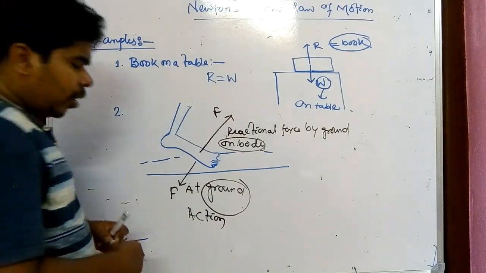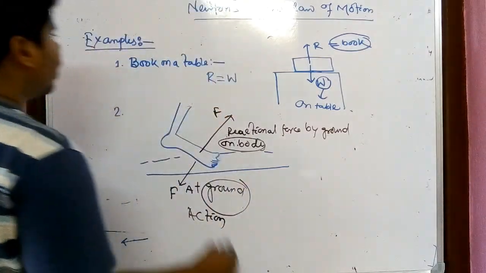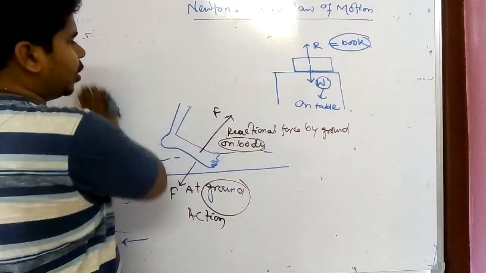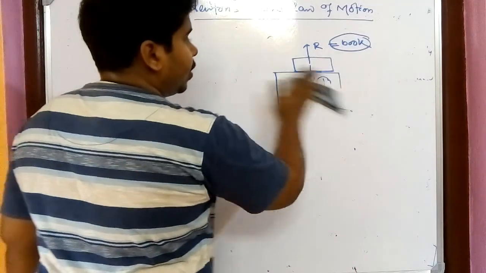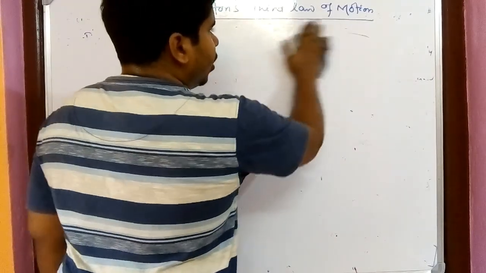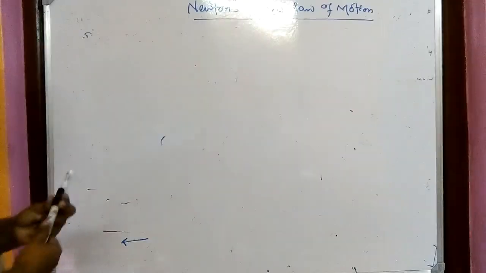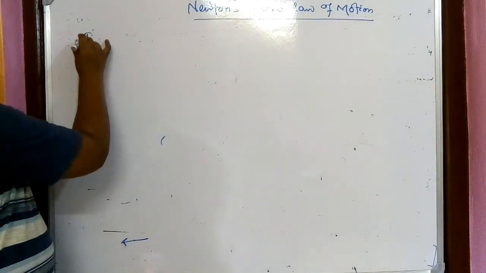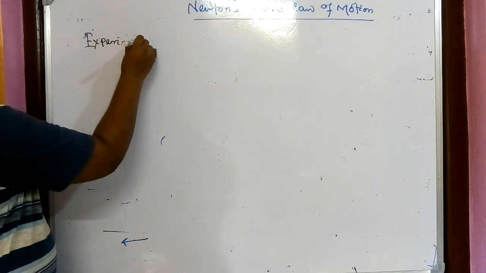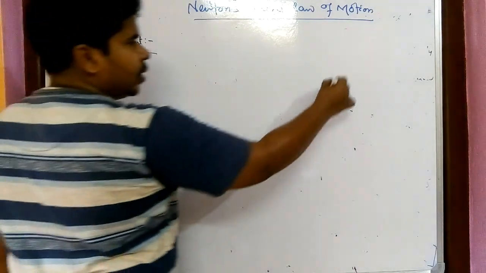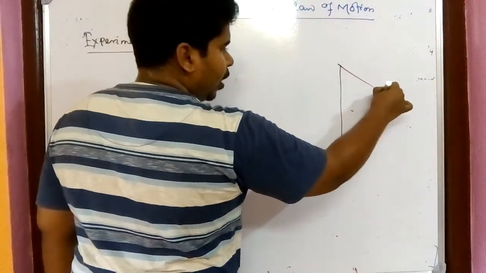Okay, how are we able to measure that action and reaction are the same? For that we have done a very easy experiment, and that is shown in your book also several times. So assume here it's a wall.